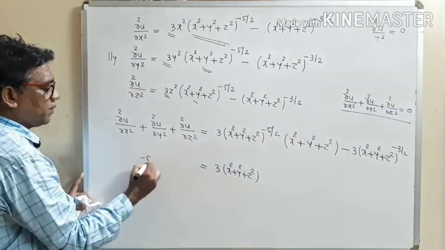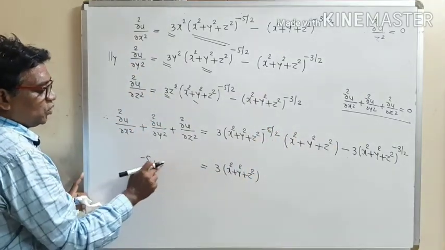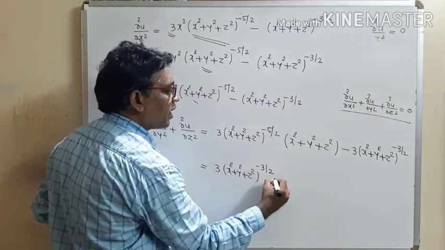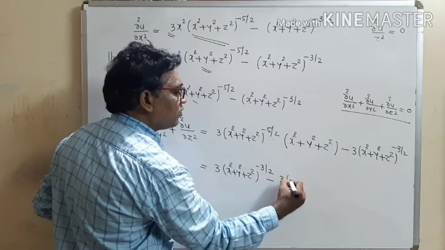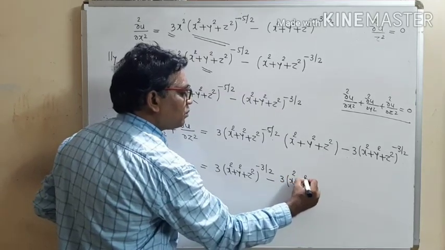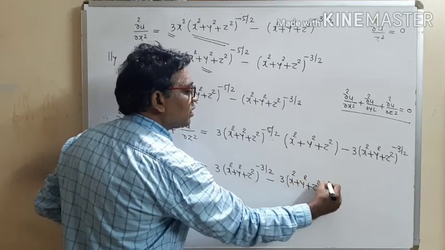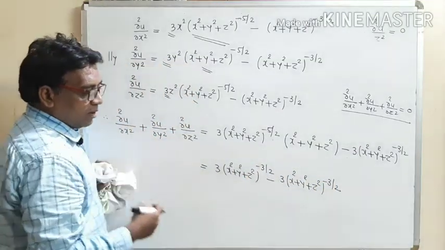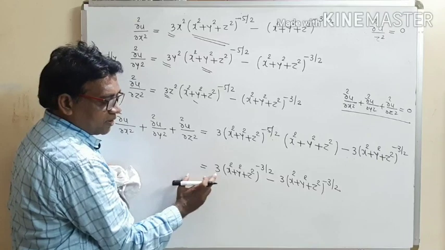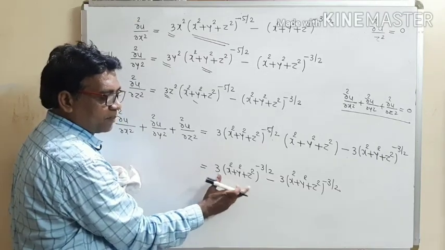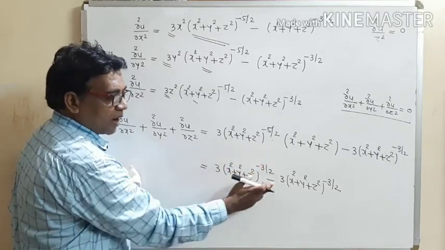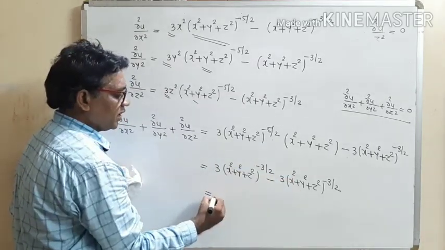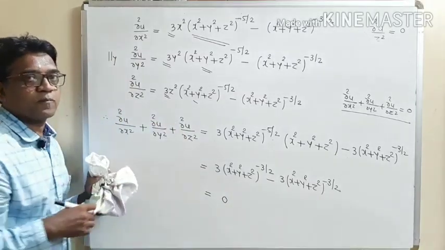So minus 5/2 plus 1, so 2 and minus 5, this is minus 3/2, minus 3 times (x² + y² + z²) to minus 3/2. So this is the positive term, 3 into (x² + y² + z²) to minus 3/2, and this is the negative term, which is the same term. So cancel this similar term, we get here 0. So this is our required answer.